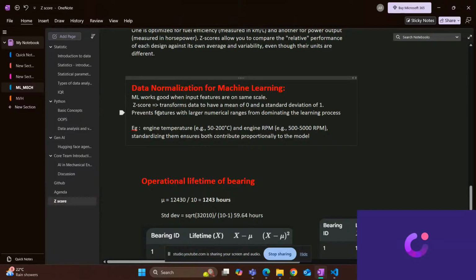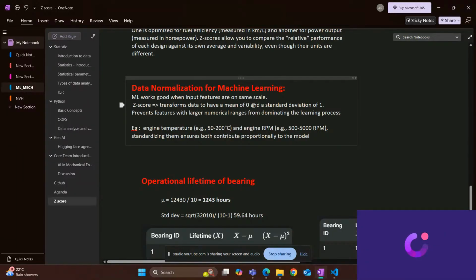We can use that method when we have different features, because it is more useful. Say this is in degree Celsius and this is in RPM. Both are two different units. And in machine learning, when you have two different units, sometimes the learning process will not capture those features properly for prediction. So that's when we need to scale or standardize the data in a particular domain, from 0 to 1.